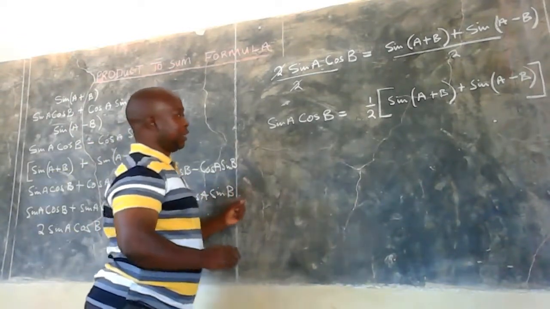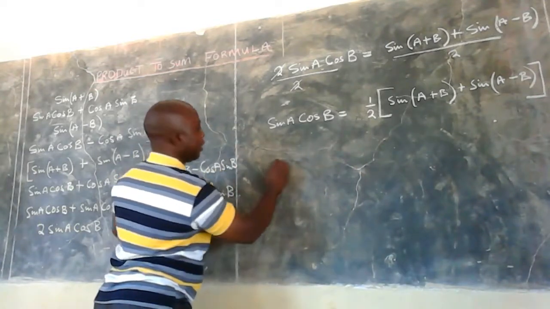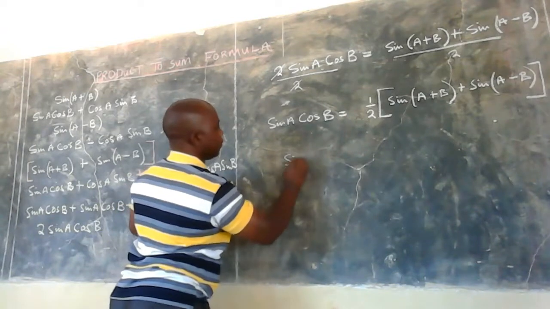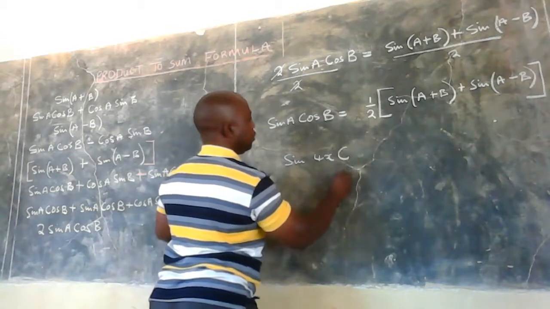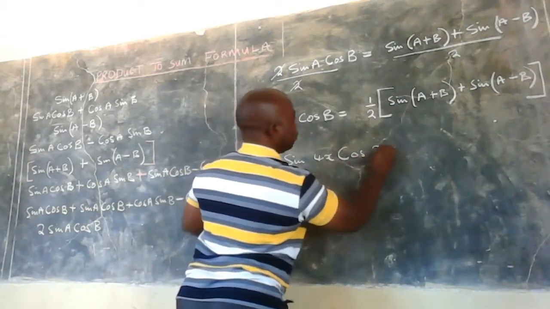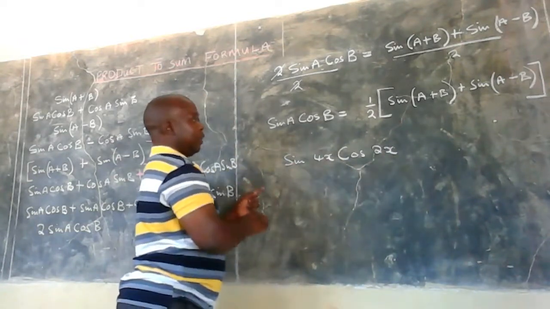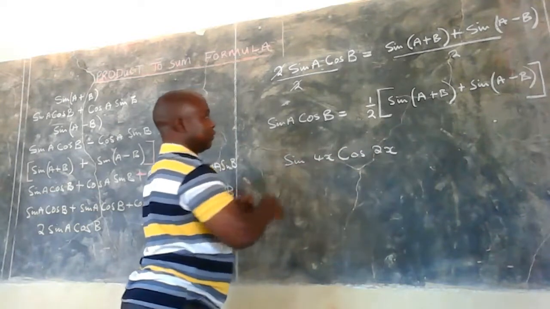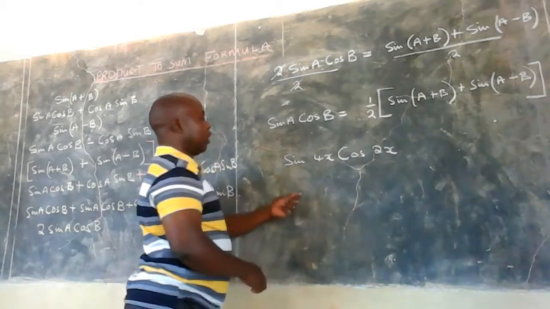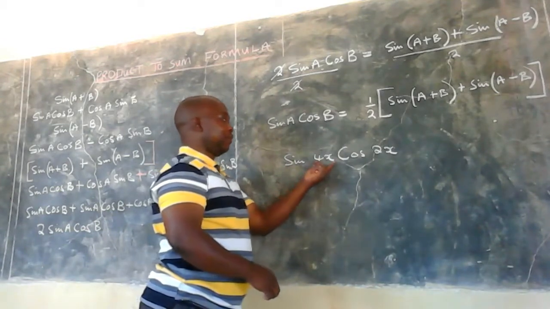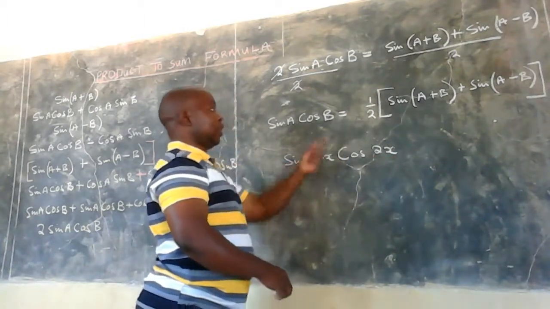But just as an idea, all we are saying here is that if you have something like, let's say, sine of 4x being multiplied with cosine of another angle, and you are to convert this product to a sum, then you can have this angle as A and this argument here as B, and then apply them in that formula there.